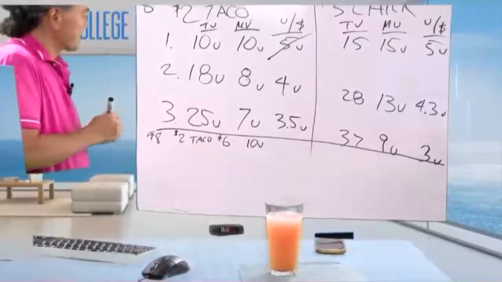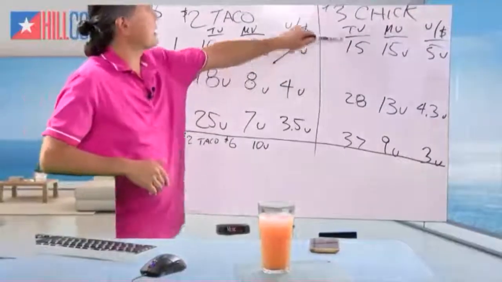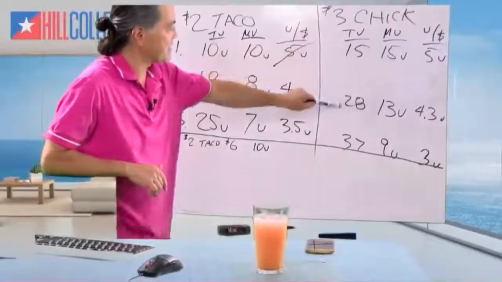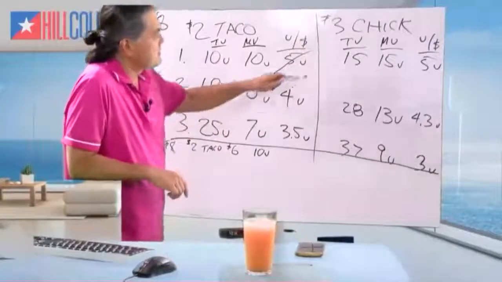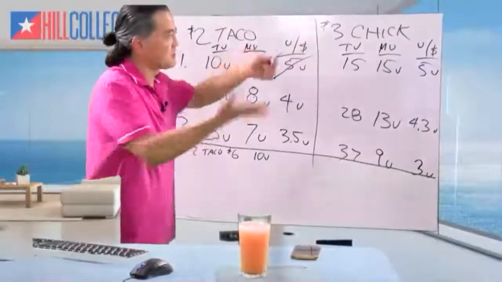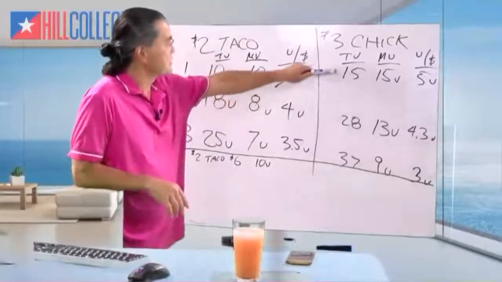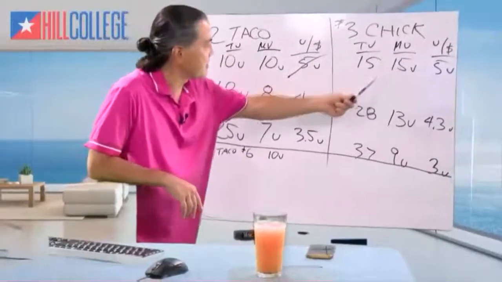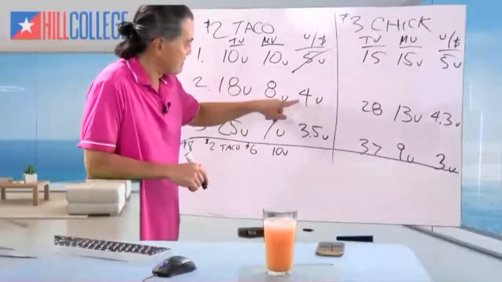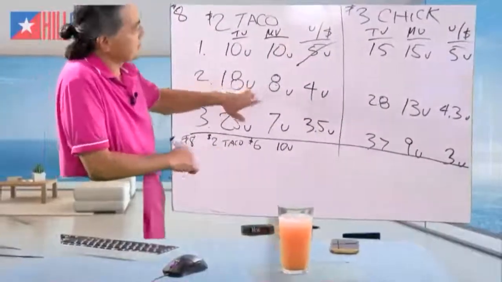So I would buy chicken, and we have to start at the top because we can't buy the second chicken unless we had the first chicken. Also, when we eat the first chicken, we're going to get more benefit out of it because it's new. So I'm going to choose the chicken next because that's the higher bang for the buck over any other choice over tacos.